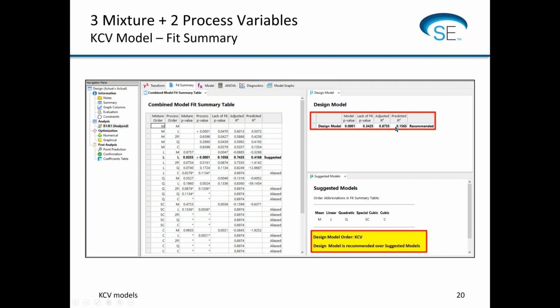Generally, a big difference between adjusted and predicted just means the model has too many coefficients or is over parameterized. So we'll see what happens when we reduce it. We should see that predicted R squared come up. And here you can see we're recommending the design model. Again, down here, it's saying the design model is recommended over the suggested models from the summary table. If we thought the other was better, you wouldn't see these recommendations here.